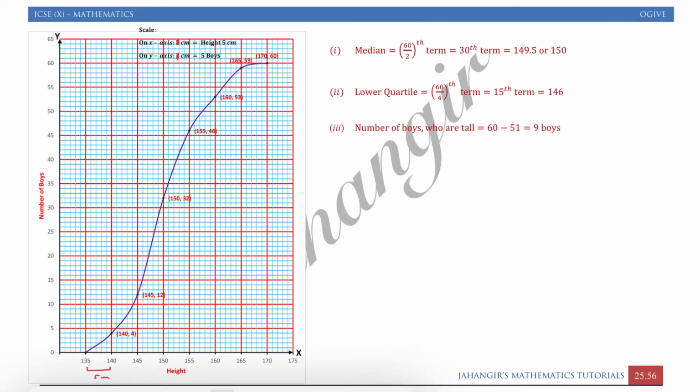So here you can change scale. बराबर, scale को change कर दो. You can write as 1 centimeter is equal to 5 centimeter and 1 centimeter is equal to 5 boys. So now we will plot all points which are already plotted. This is the point.